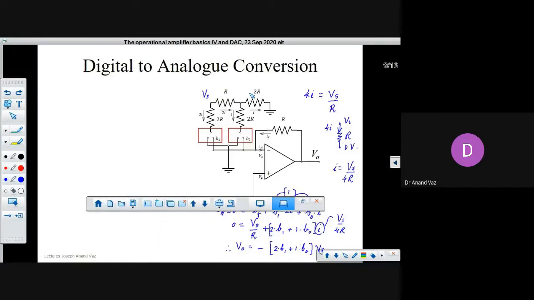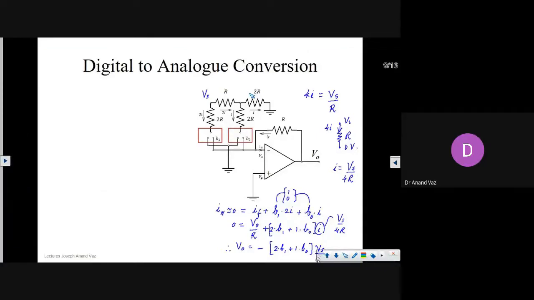So Vs divided by 4. 4 we will write as 2 raised to 2. Okay. 2 corresponds to the number of bits. We have 2-bit representation here. So 2 raised to 2. So you can see that depending upon the combinations that we have here, we may have B1 and B naught here.